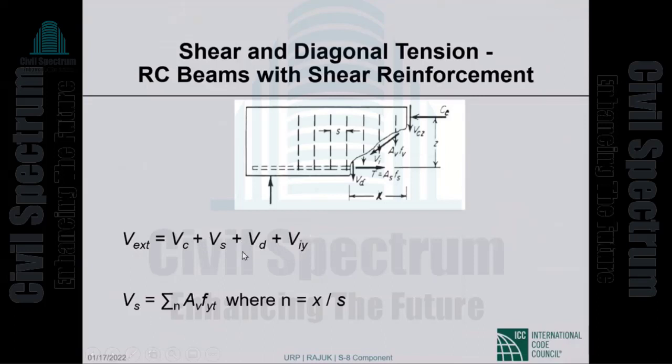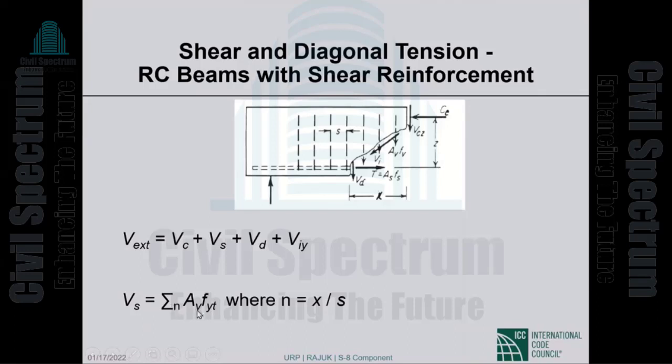The shear resisted by the vertical shear reinforcement is, if we take one of those stirrups, total cross-sectional area A sub B, and if there are two legs, that will be the area of the two legs, multiplied by F sub YT, the yield strength of the reinforcement in this stirrup.